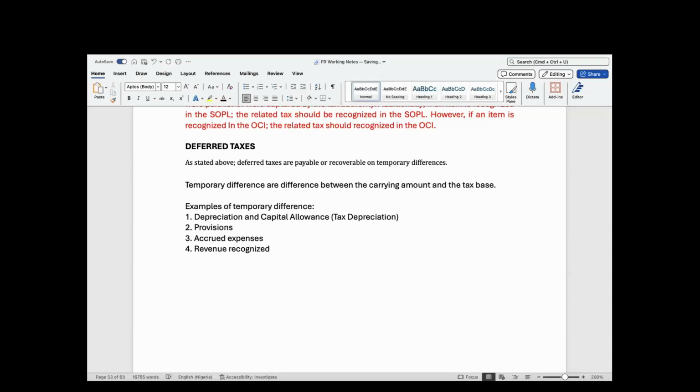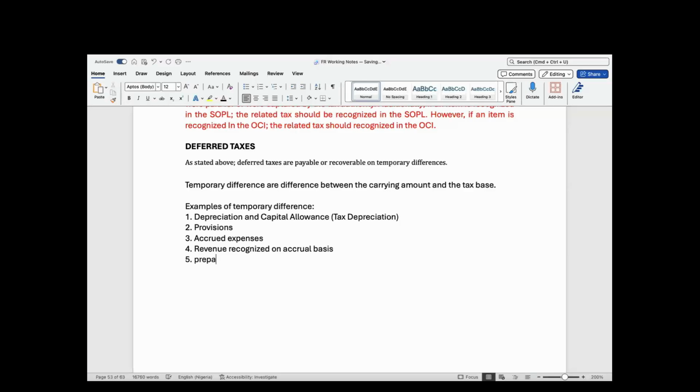It might result in a temporary difference between you and the tax authority. The tax authority might say, okay, we are not taxing it. We won't tax it since you have not received the money. When you receive the money, then we will tax it. So there's a temporary differential between the two of you.